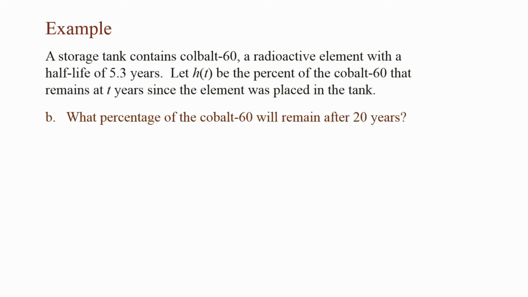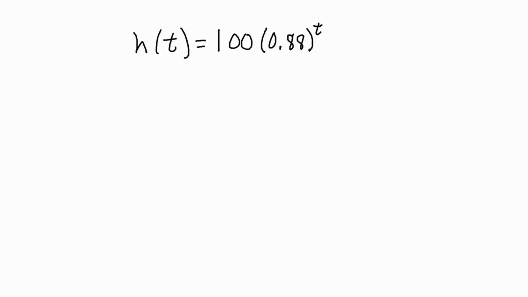What percentage of cobalt-60 will remain after 20 years? So to find this, we want to replace all of our T's with 20. It starts H of 20 equals 100 parentheses 0.88 to the 20th power.